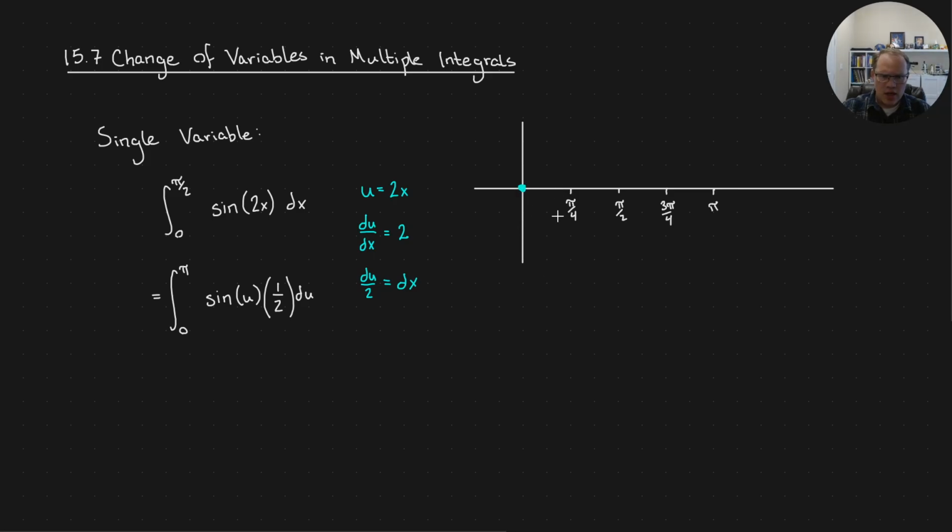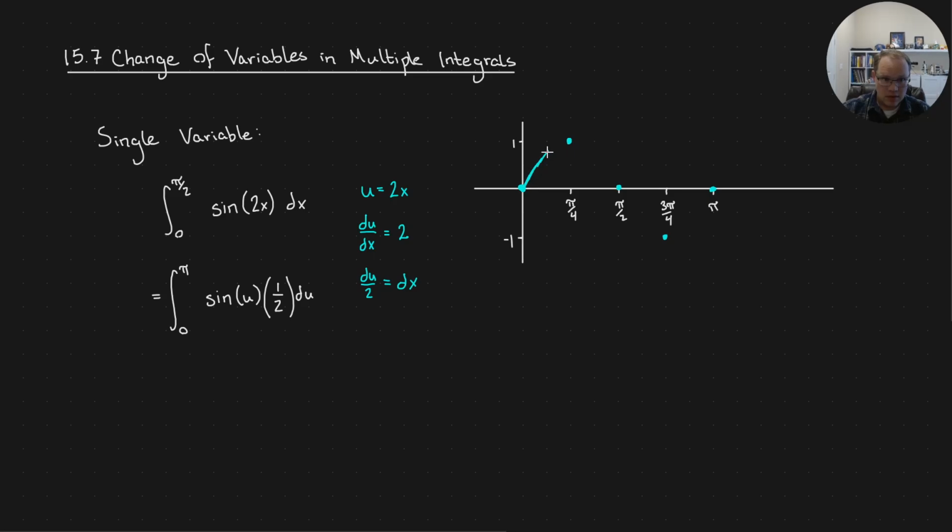Notice what the 2 is doing, by the way. It's transforming the function. We take our usual sine function, sine of x, and we're compressing it by a factor of 2. It's going to be half as big horizontally as it was before. Let me add a couple labels to our vertical axis here. If I plug in pi over 4, 2 times pi over 4 is pi over 2, I get 1. If I plug in pi over 2, I get 0. 3 pi over 4, I get -1, and pi, back to 0.